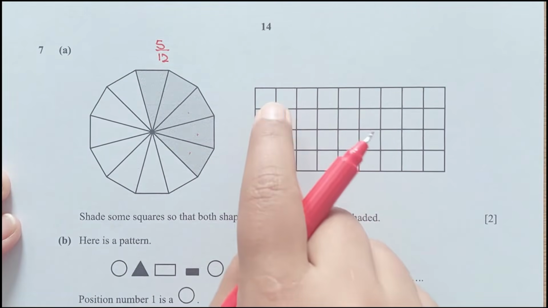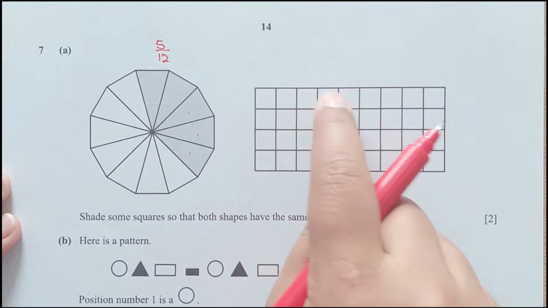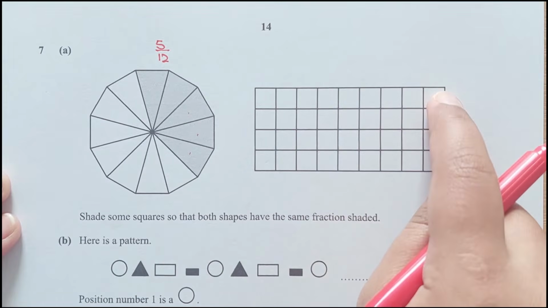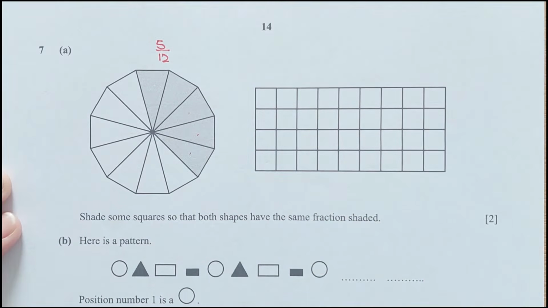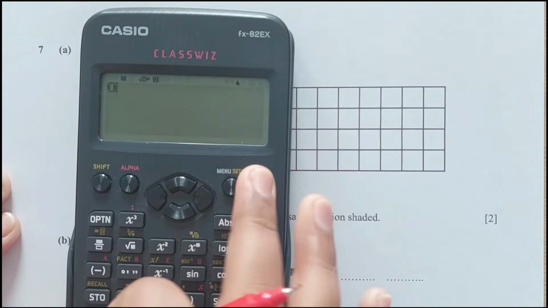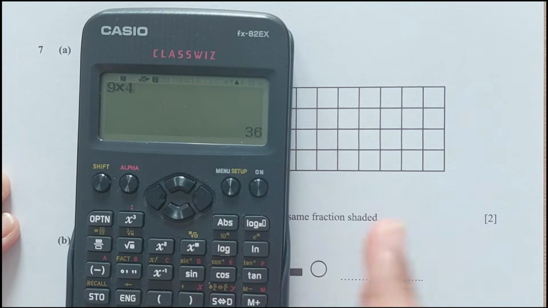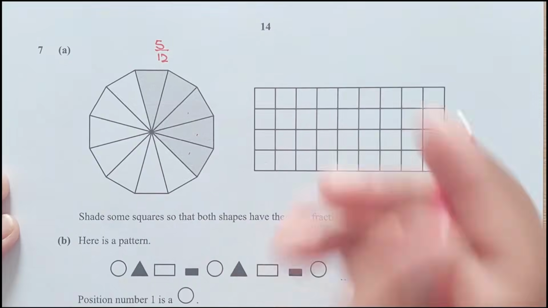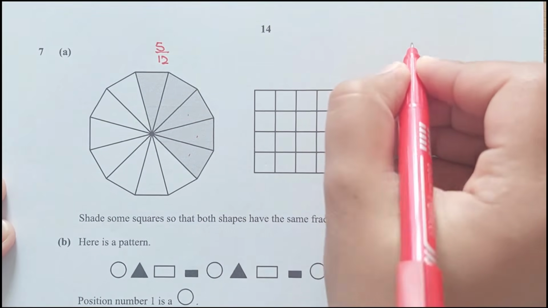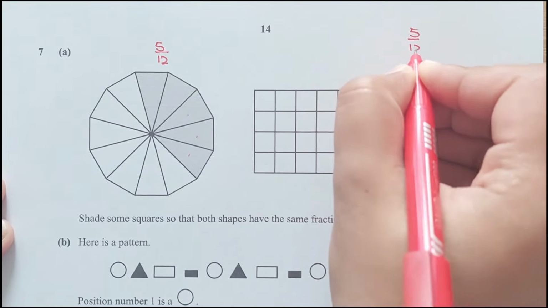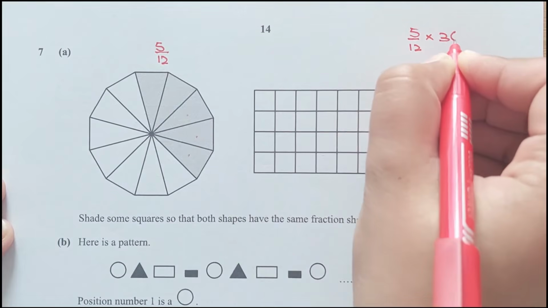And how many squares here? 1, 2, 3, 4, 5, 6, 7, 8, 9. Adding 9 four times, or 9 times 4, is 36, right? The total squares over here is 9 times 4. So the portion shaded over here is 5 by 12 of 36.